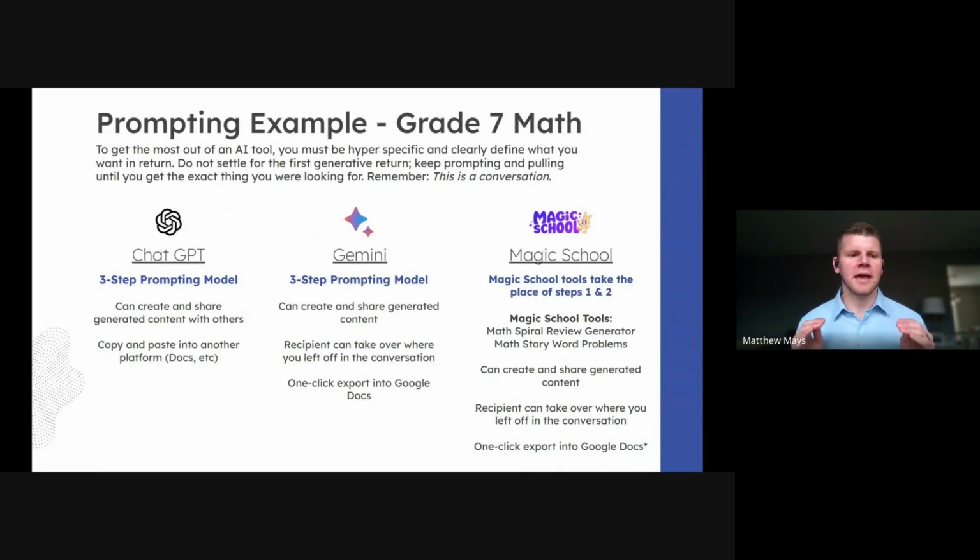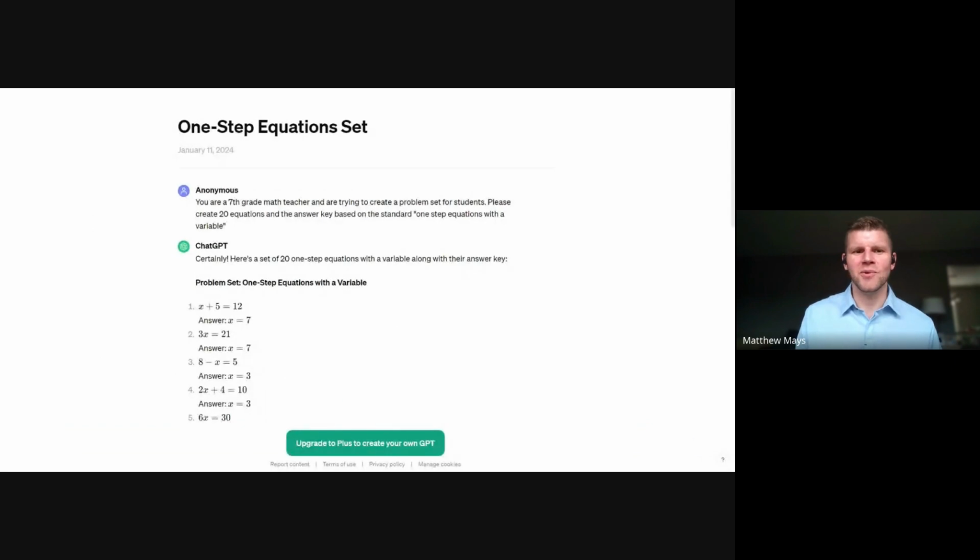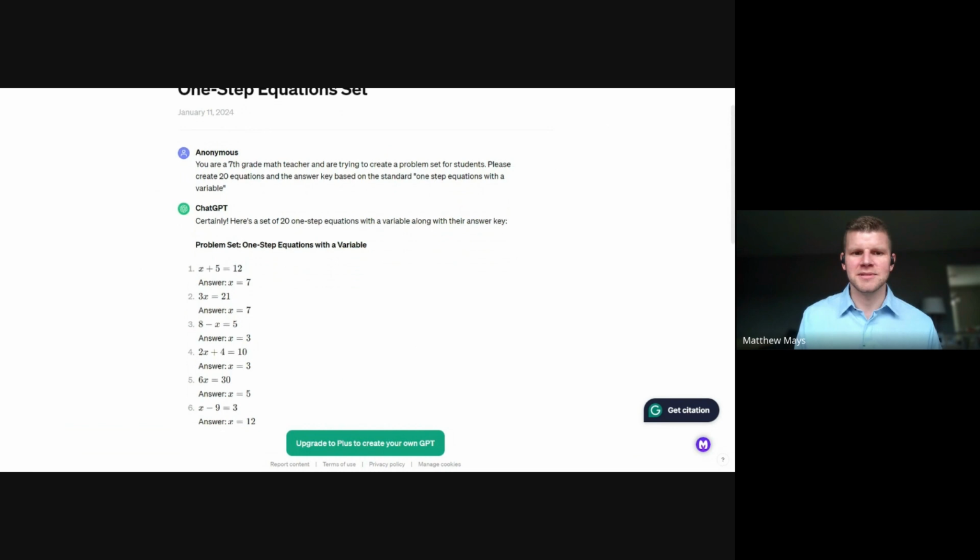All right, so as we're looking at prompting, this is an example from 7th grade math. I used 3 different platforms: ChatGPT, Gemini, and Magic School. Magic School is something that we're going to talk about here in just a moment. But basically, if you wanted to, you could click on any one of these links, and this is going to give you a view of the conversation that I was having with the AI tools at that time.